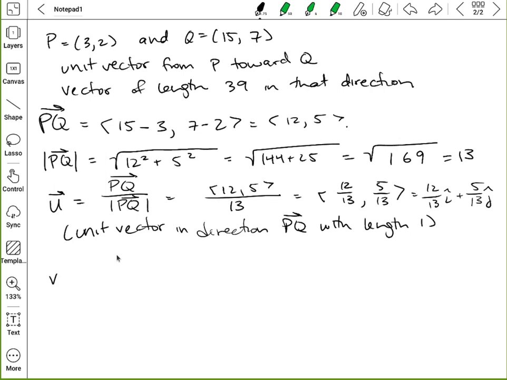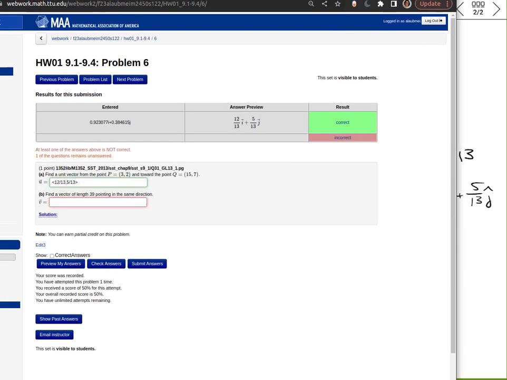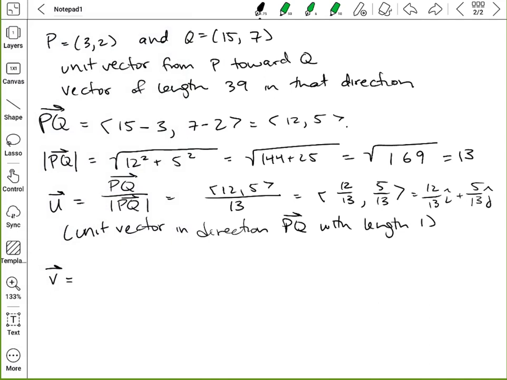And then some new vector V following that rule. If I just multiply by the magnitude I want, which I've already forgotten with all this talking, it's 39. So if I multiply by the length I want times a unit vector, I'm going to get a vector that has this length and points in the direction of this vector.